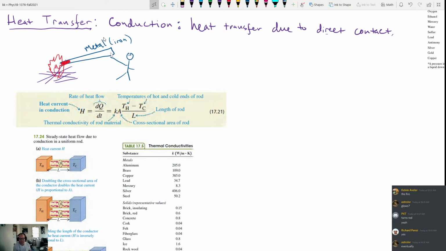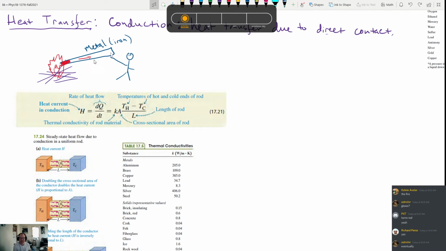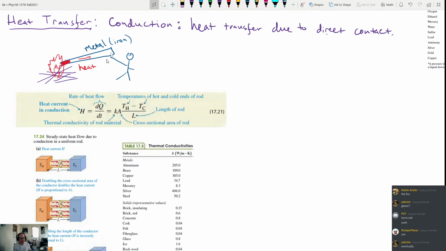Of course, this is going to depend on what's going on around this area, because while heat can flow up the rod, at the same time the rod is being cooled by the surroundings. The air around the rod is going to be cooler than the temperature coming from the fire.